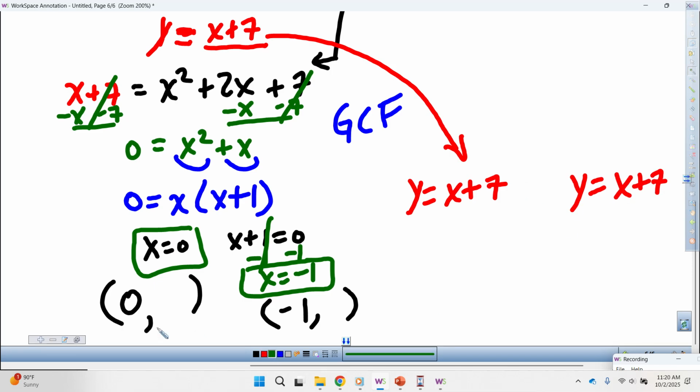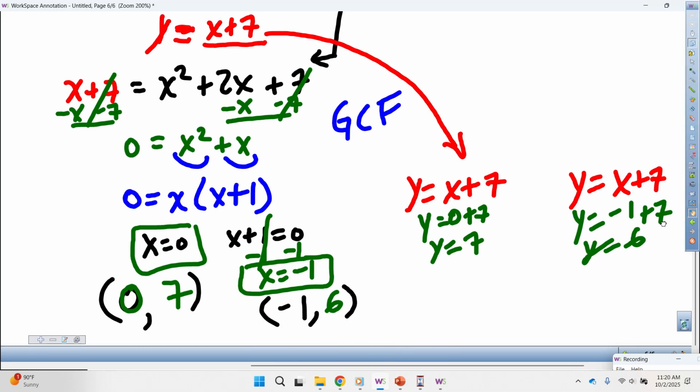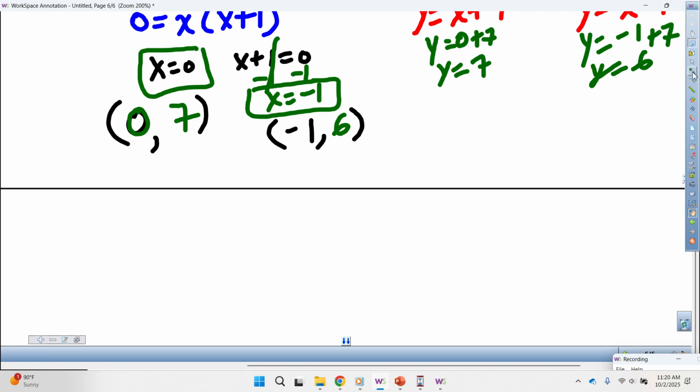My first value to substitute is 0. So y equals 0 plus 7, so y equals 7. That's my first solution. The second one is negative 1. So y equals negative 1 plus 7, y equals 6. So my solution is negative 1, 6. Therefore, my solutions to that system are 2 of them.